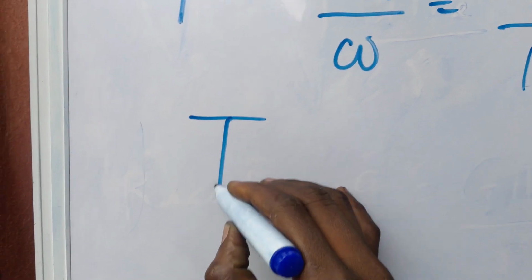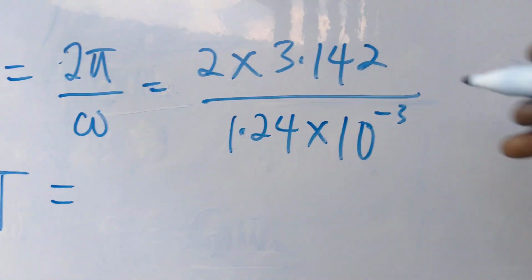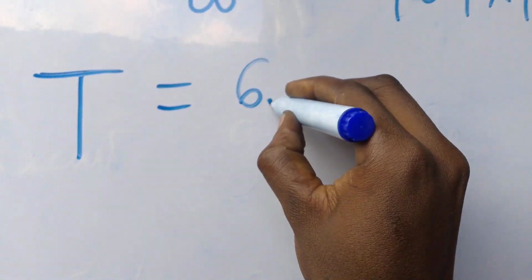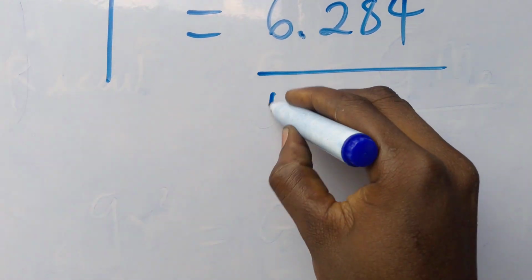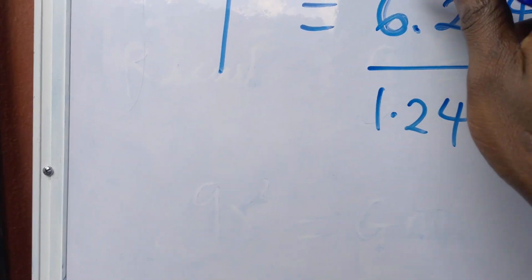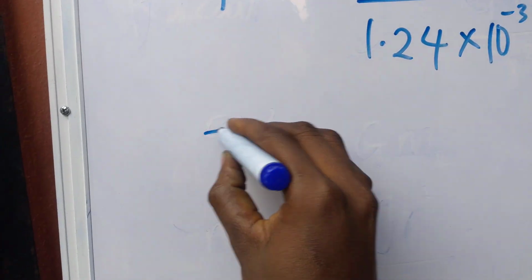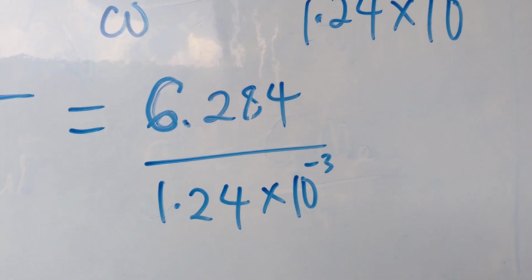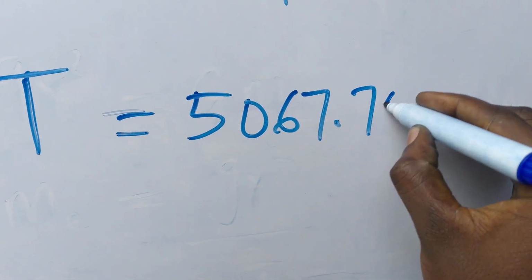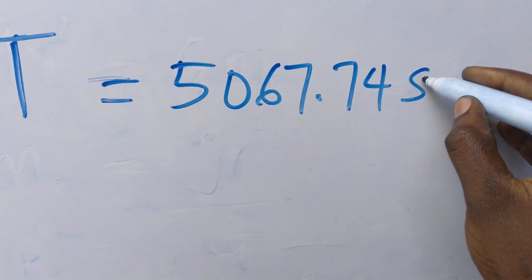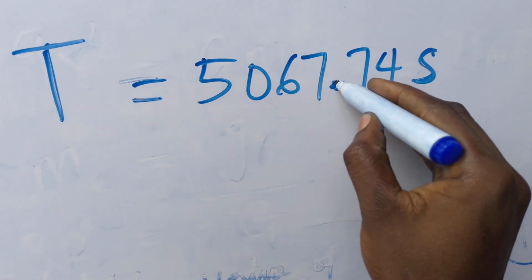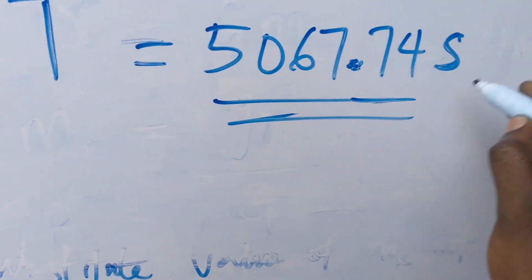So 2 times 3.142 is 6.284, divided by 1.24 times 10 raised to power minus 3, and then I'll be having T. If I divide it now, I'll be having 5067.74 seconds.